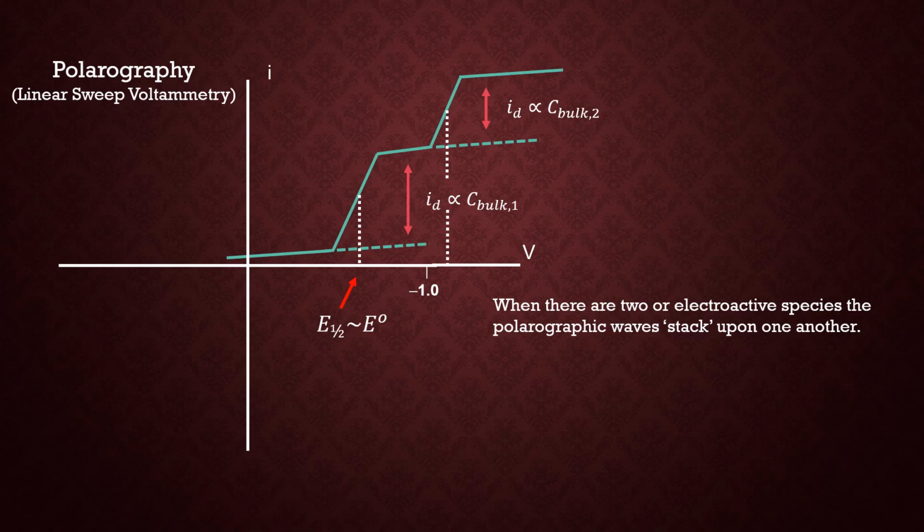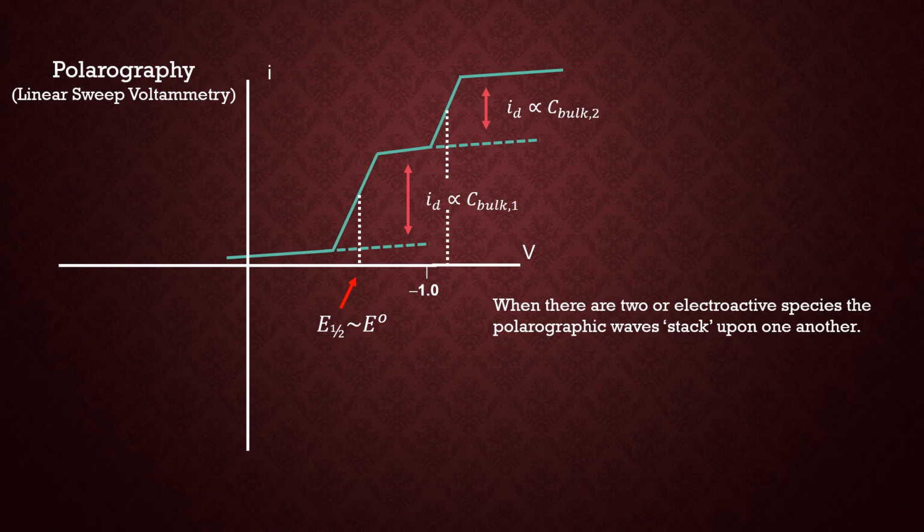So this is an example with two electroactive species, one which is reduced prior to the second. So you would see the first wave naturally first as you hit the voltage, and then the second wave gets superimposed or stacked upon the top of the first one.